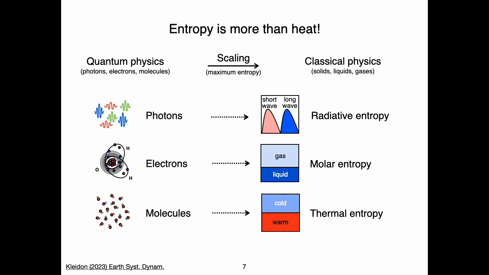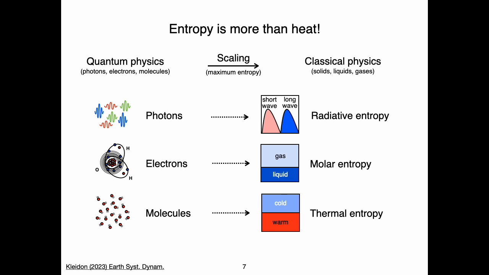And then we need to come back to Boltzmann and apply maximum entropy to get formulations in the classical physical way. So when we want to describe solids, liquids, and gases, and radiation fluxes, and so on, we need the scaling of maximum entropy to get to these expressions in the non-quantum world.